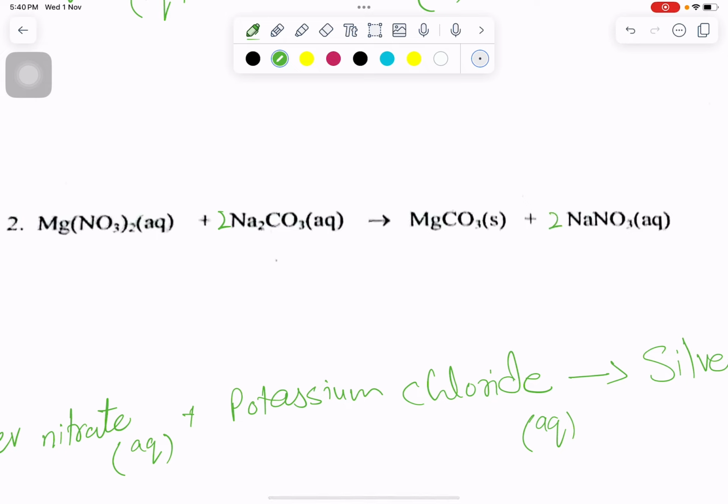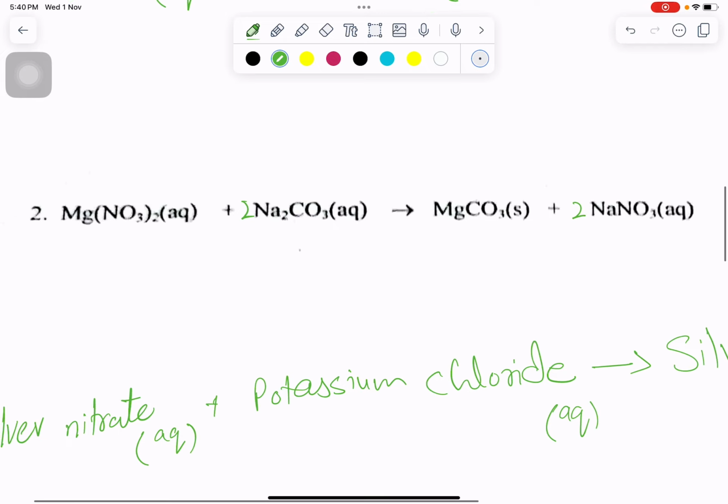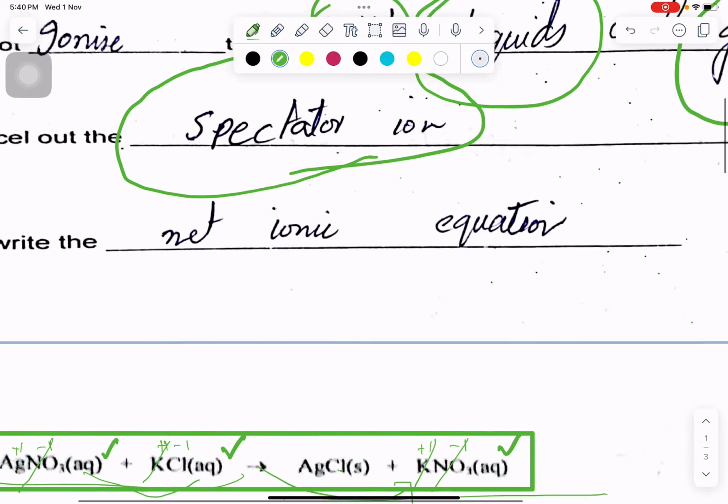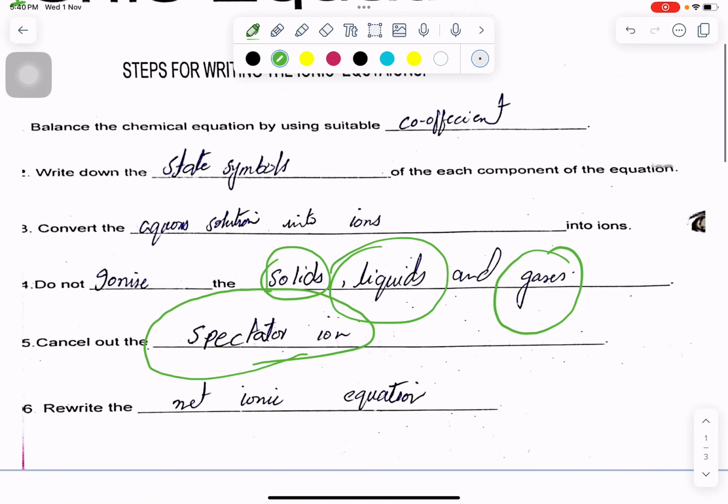Now this equation is balanced. First step is completed. You have to balance the chemical equation, and now you have to write down the state symbols, which are already over there.